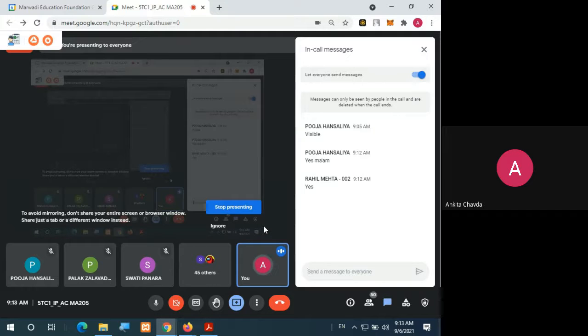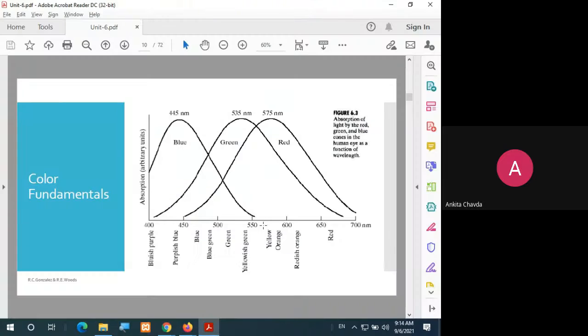That is why wherever there is any kind of danger sign, it would always be in red color. The reason behind choosing this color is that your eyes are very sensitive to it. At 535 almost this one, and at 575 to 700, your eyes are sensitive from 450 wavelength to around 700 for the red color.